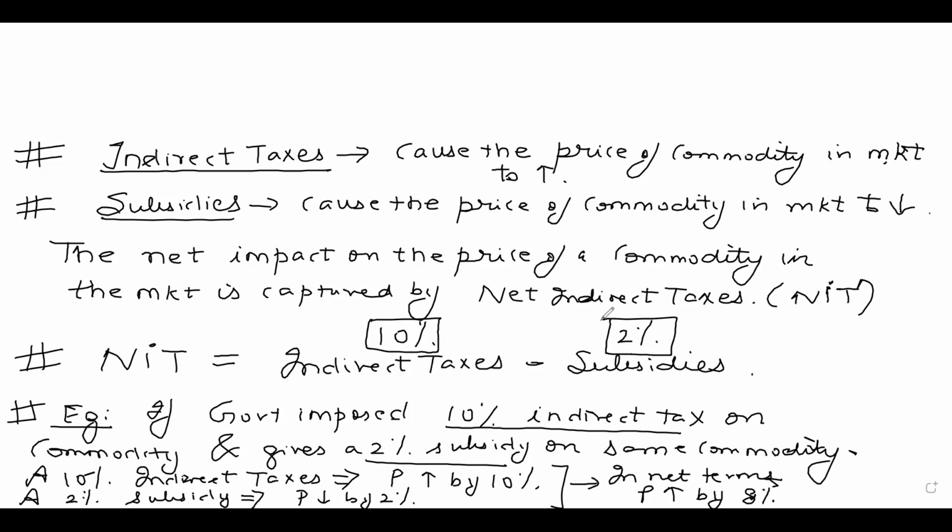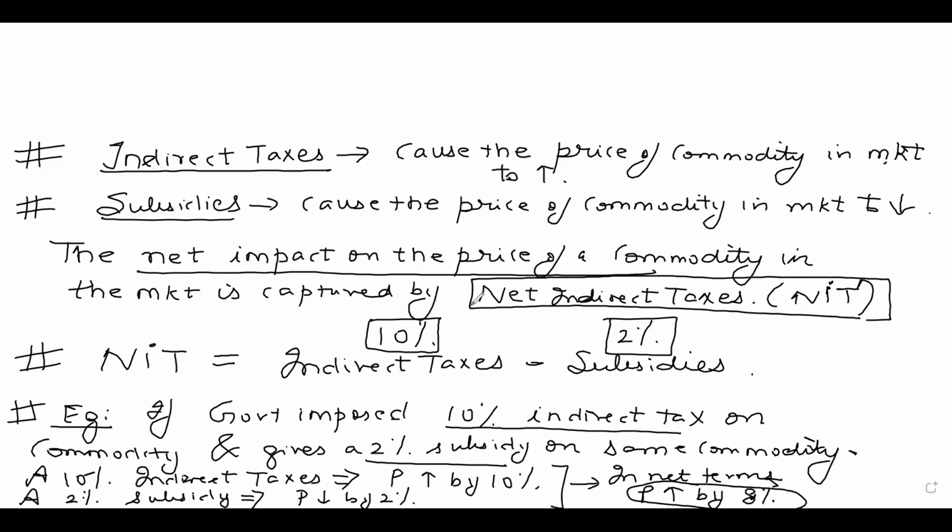So if I say that price is rising by 10% and falling by 2%, it means in net terms, it is rising by 8%. So the final impact on the price of the commodity will be captured by net indirect taxes. Whether the price of the commodity in the market will rise or fall in net terms will depend on the net indirect tax. So hoping that all students are clear with this and have no doubts.